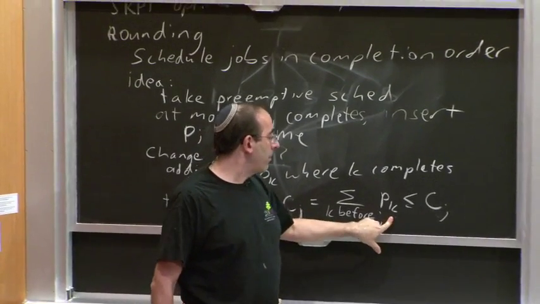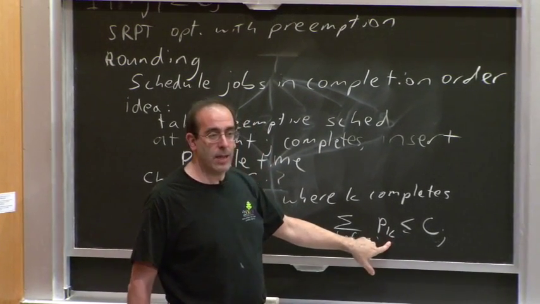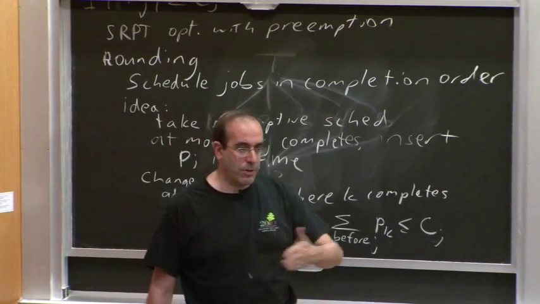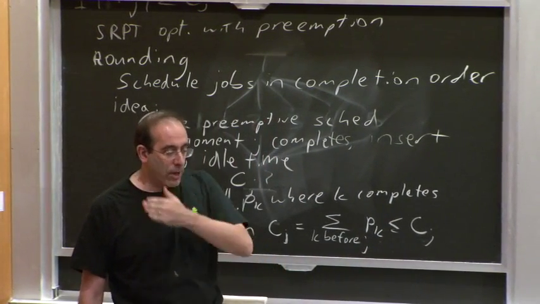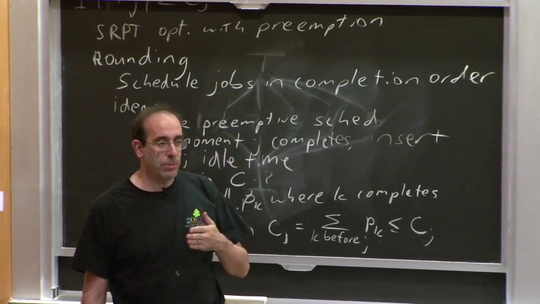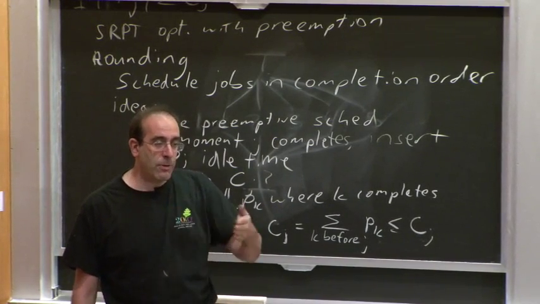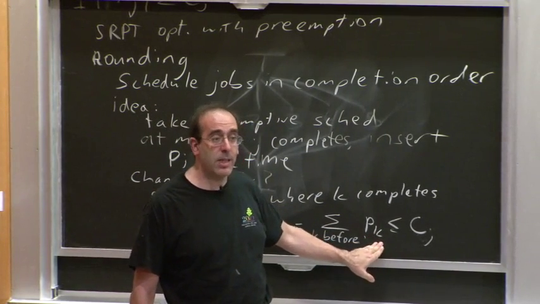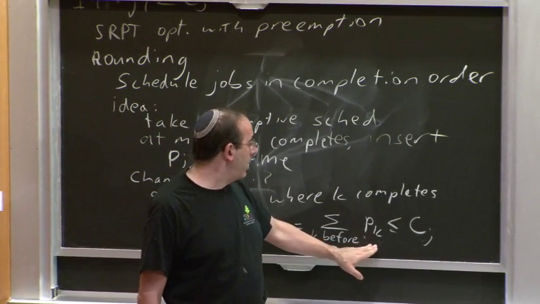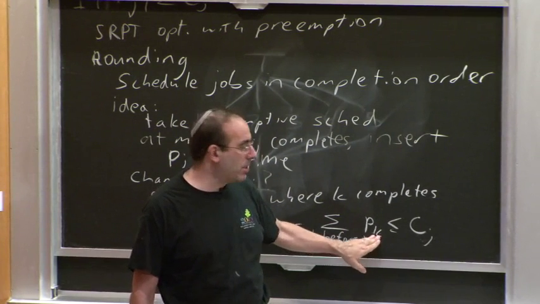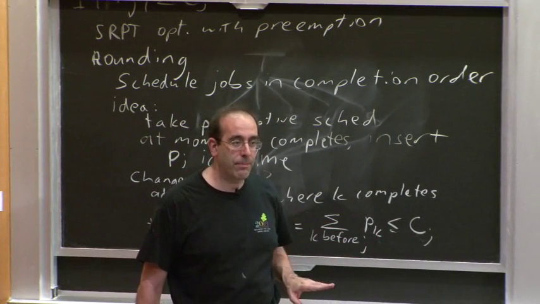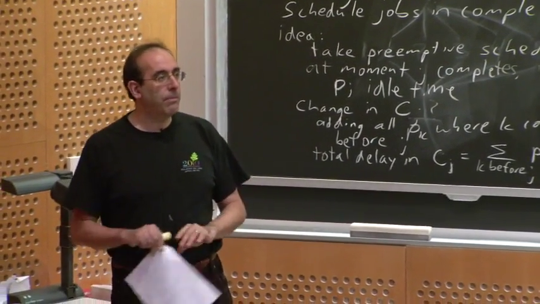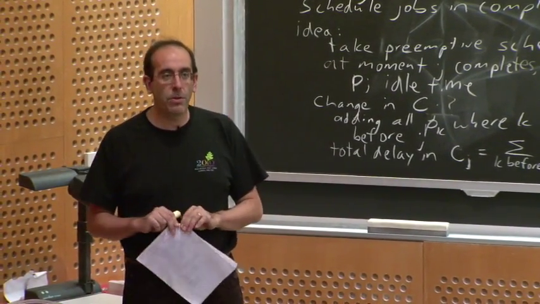That total processing time is all holding up J in the preemptive schedule, because all of those jobs finished before job J. So the amount of work that was done before job J completed is at least this quantity, the sum of PK. But that all happened before job J completed, so it has to be upper bounded by CJ. Okay? So hopefully this time that argument is clear. Are there still questions about it?